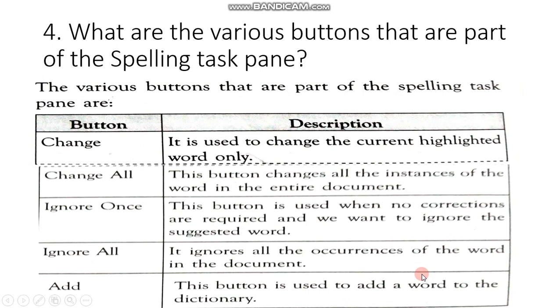Fourth one, what are the various buttons that are part of spelling taskbar? Answer, the various buttons that are part of the spelling taskbar are buttons, description. Change.